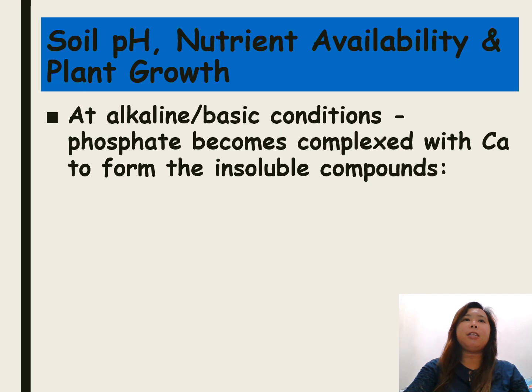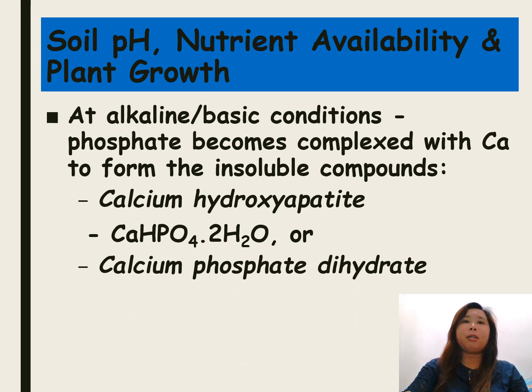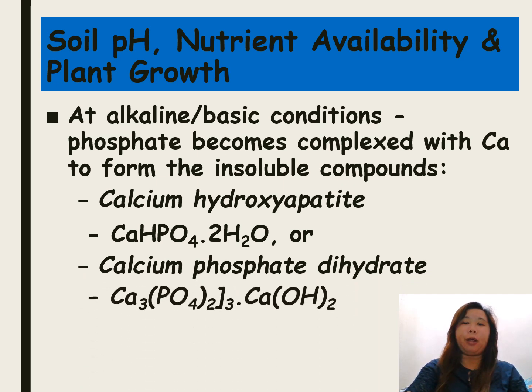At alkaline or basic conditions, phosphate becomes complexed with calcium to form insoluble compounds such as calcium hydroxyapatite or calcium phosphate dihydrate. You can notice that in both acidic and basic conditions, phosphorus can become unavailable for plant uptake.